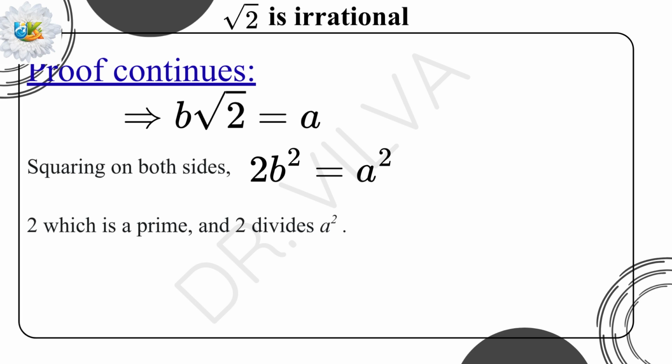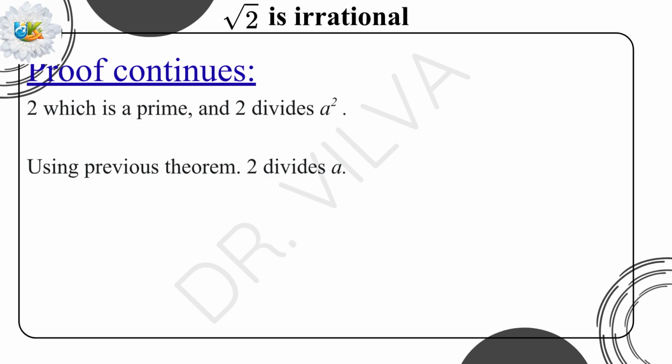Since 2 is a factor of the left side, a square must be an even number. Using the theorem that if a prime divides a square, it also divides the base, using our previous proof, we know that if 2 divides a square, 2 must divide a.